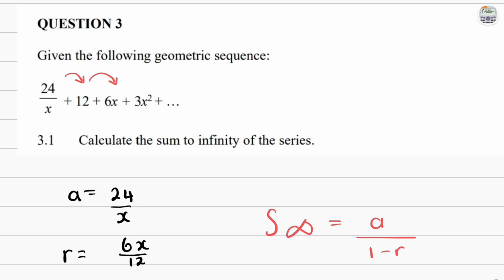It would be the common ratio. That's what determines what the next term is going to be. So if we multiply by a value that causes the next term to become less than the previous term, then it starts to decrease.